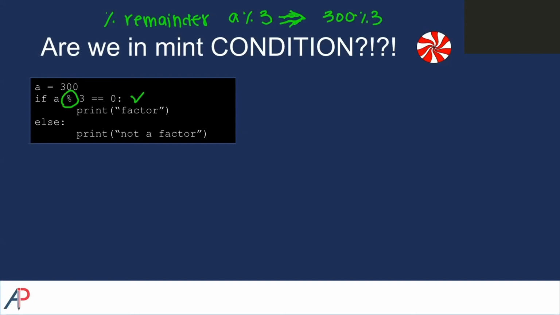So this is a true statement because the remainder is 0. 0 is equal to 0. Okay? So this is a true statement because we're doing a comparison. Notice we're using 2 equal signs, not 1 equal sign, because if we were to use 1 equal sign, that would be an assignment operator, and that would give you an error because you're trying to assign a value to an expression. So the correct answer for this one was factor.